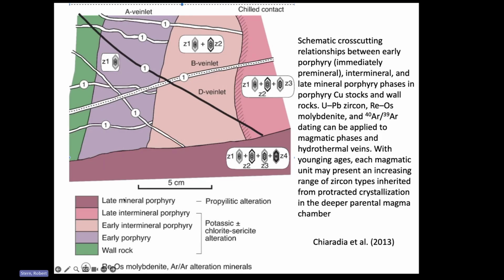And then this down here is a late mineral. So what they did is they went after the zircons in them and characterized them by their different zircon morphologies to try and work out the ages of it. And then some of these were dated by other techniques, including rhenium, osmium, molybdenite, which we haven't talked about yet, and the others by argon. So you can come up with a very detailed and well-constrained chronology by using these tools well.